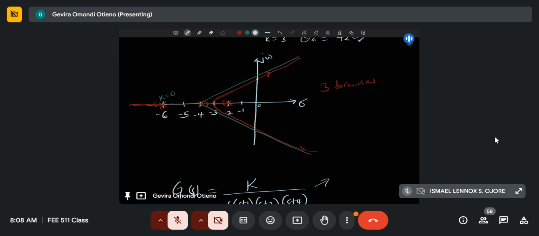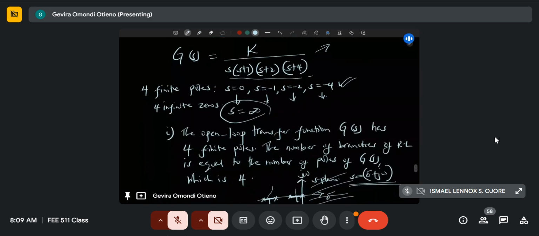Neither do we know the gain at which it crosses. These points are usually very critical to provide a clear picture of your root locus design, so that you know other aspects of your root locus that might affect the performance of your system. So it is important for us to determine these points, and that is what we do in the refining stage of the root locus.